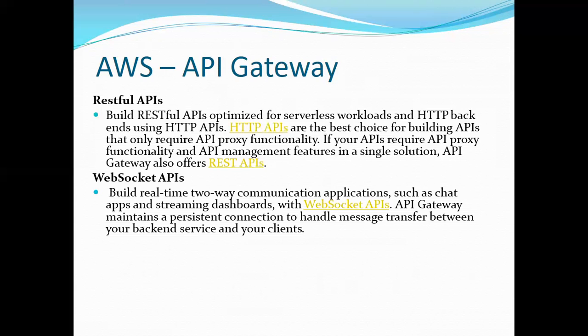Okay, so if an API acts like a proxy, you need to configure a proxy URL to communicate with the AWS services. HTTP API is the best candidate, which we are going to see in the lab section now. If your APIs require API proxy functionality and API management features in a single solution, API Gateway also offers REST API. Okay?